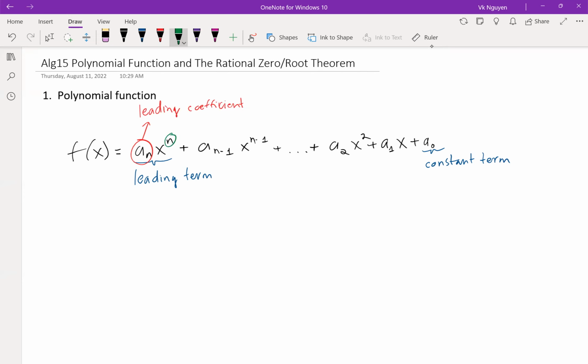And the number n, we call it the degree of a polynomial. n is a positive integer. A sub 0, a sub 1, a sub 2, all the way up to a sub n, they are real numbers.